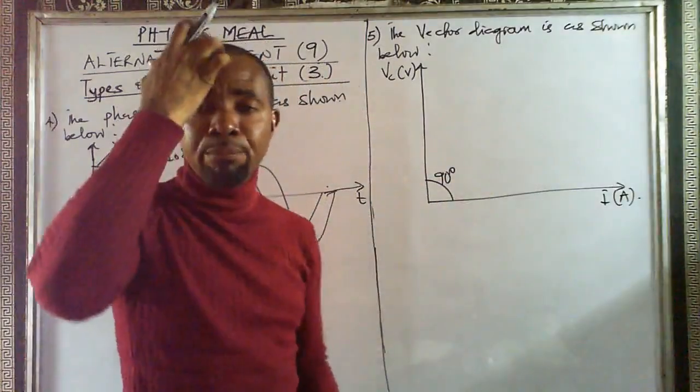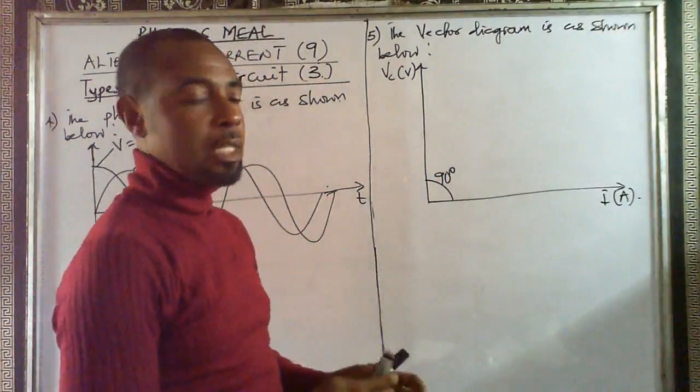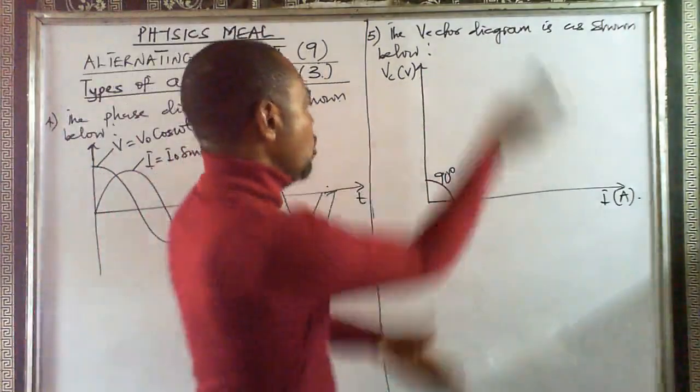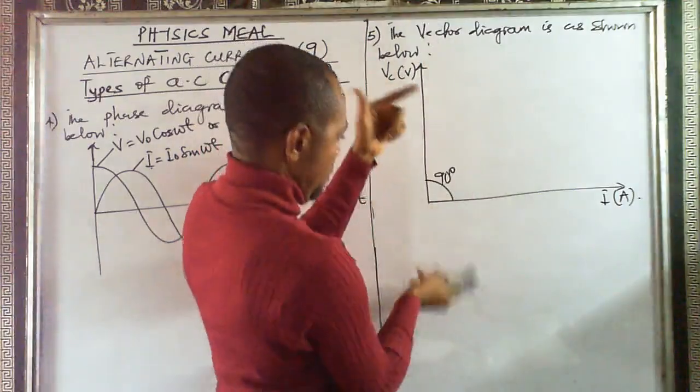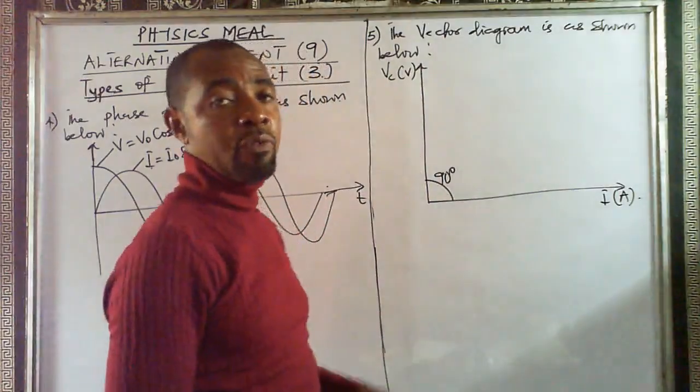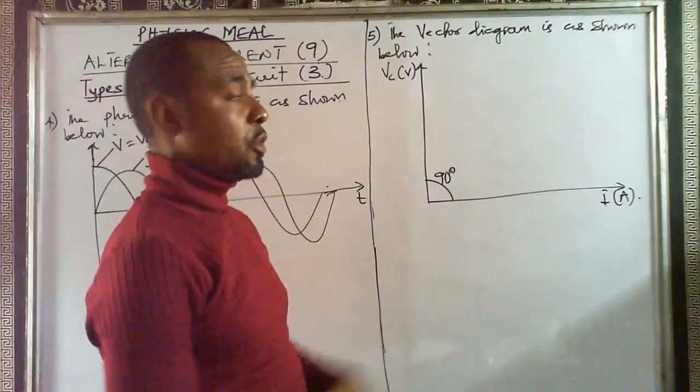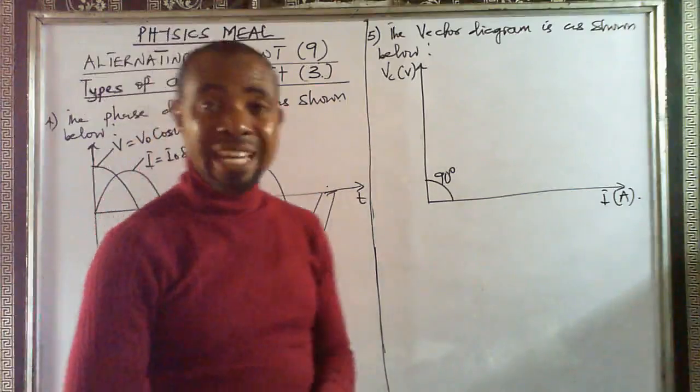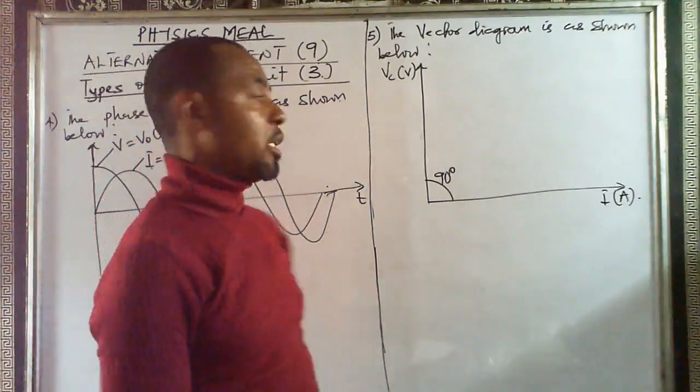You remember that in the pure capacitive circuit where current led, we turned this. This was down here. The voltage was in the negative y-axis, right? Showing that the voltage was lagging, or that the current was actually leading.